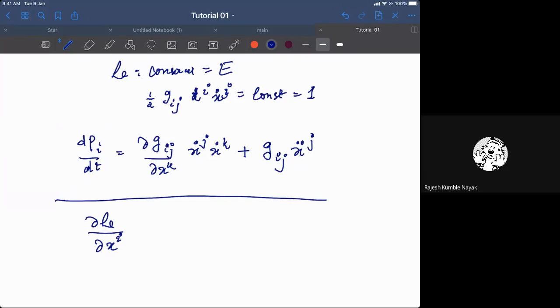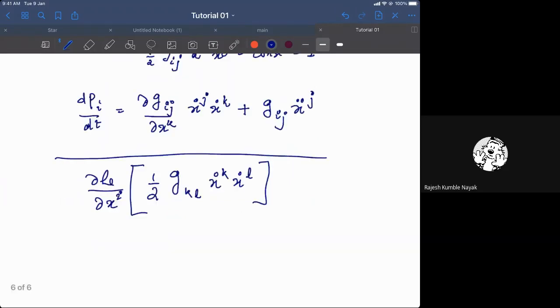What we want to do is compute the next term. The next term is the second term of the Lagrange equation, ∂L/∂x_k, with x dot k x dot l.